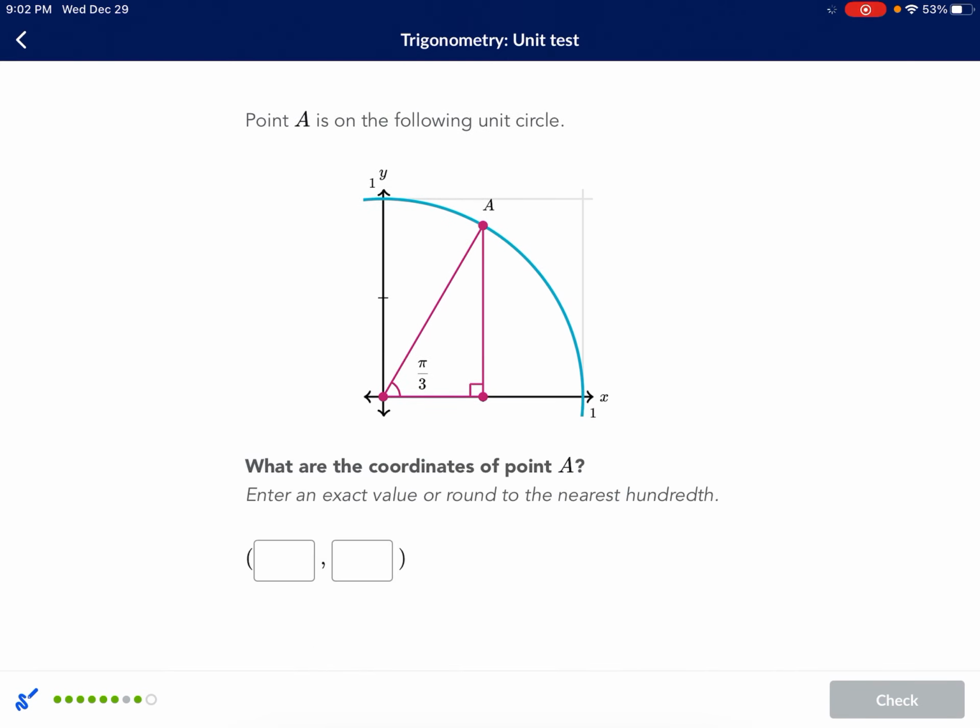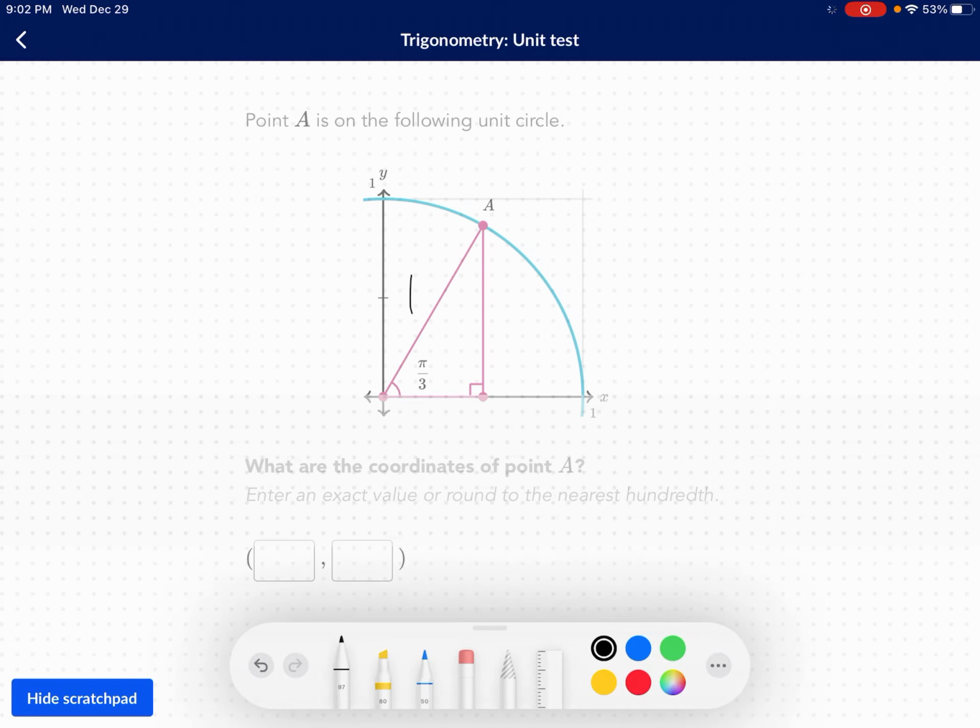Last question. What are the coordinates of point A? This is 60 degrees. This over here has to be 1. This over here is 1/2. So this is 1/2, and this is root 3 over 2, I think.